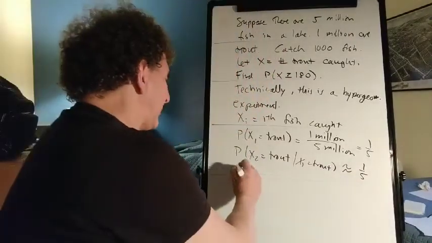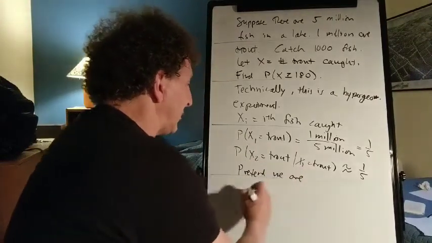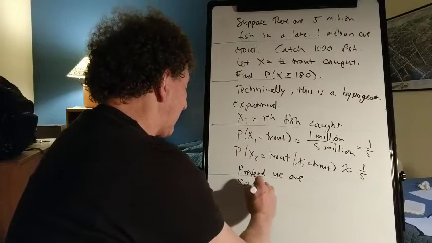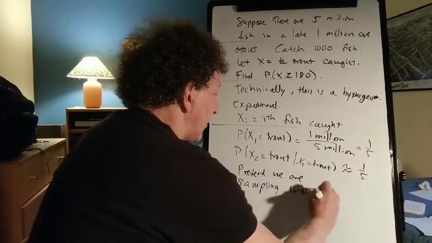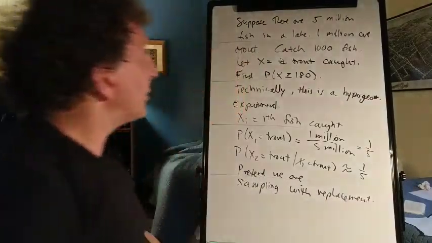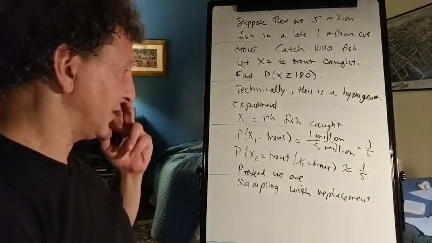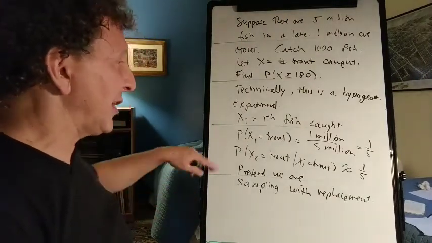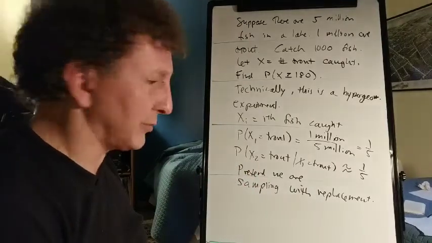So let's pretend we are sampling with replacement. Because the numbers of fish in the lake are so much greater than the number that we're catching, we can just approximate that the probability of getting a trout is 1/5 every time, no matter how many trout we've caught so far.